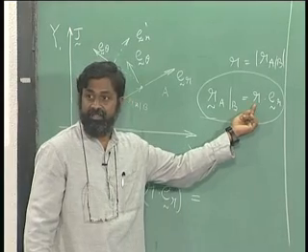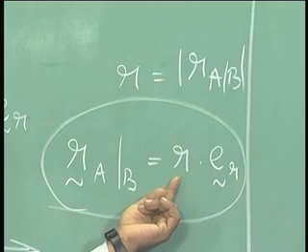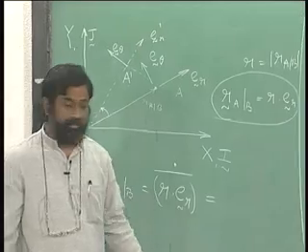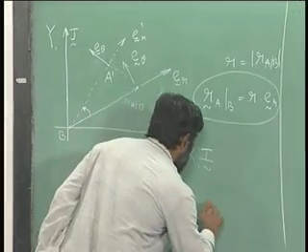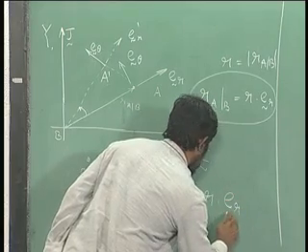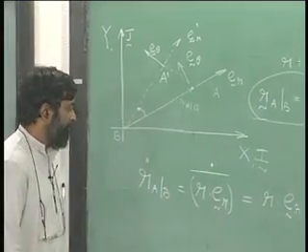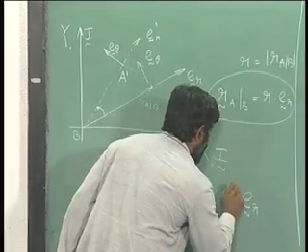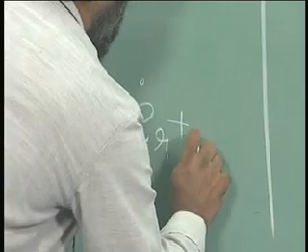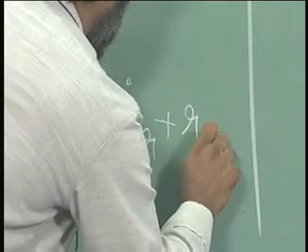Is R changing with time? Not really. Is ER changing with time? The answer is yes. So, this will be R times, let me just make it general and then use the concept of the rigid body.